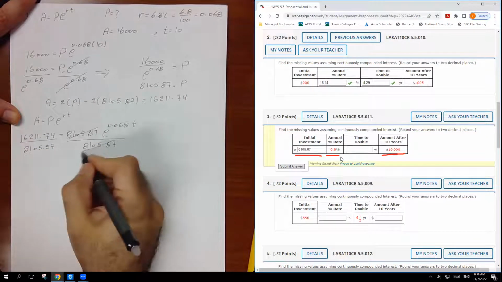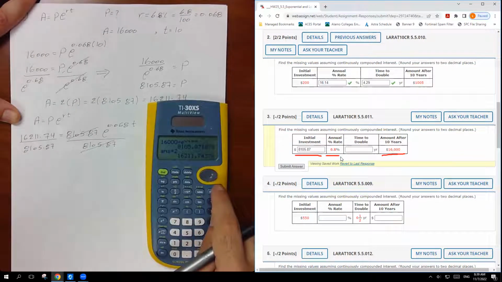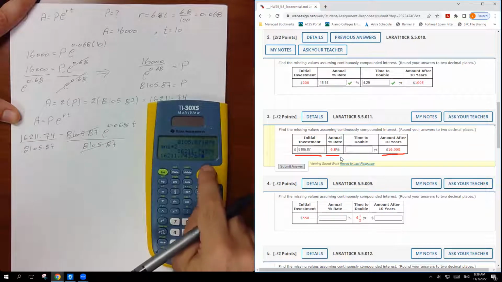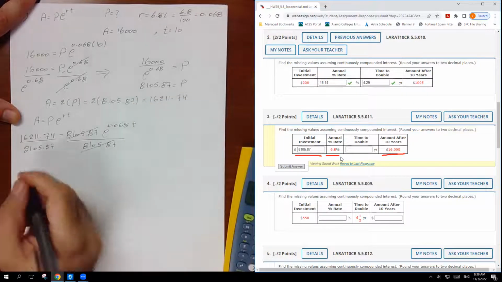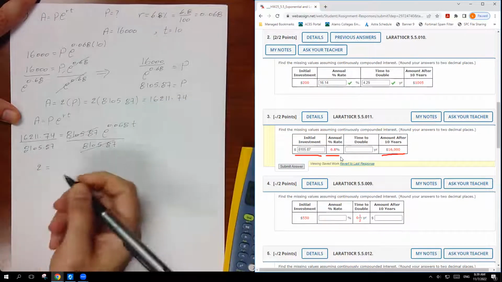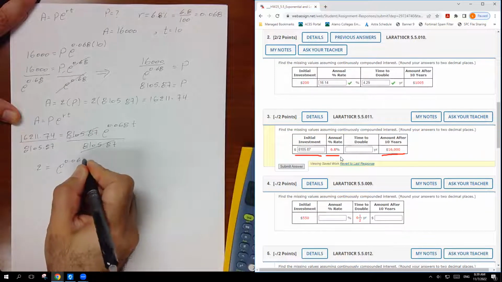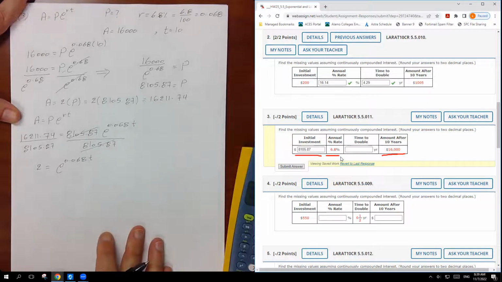Cancel these. So this one is going to be 2, because this one divided by the initial equals 2. So 2 equals e to the power 0.068 t. Now we need to solve it for t.